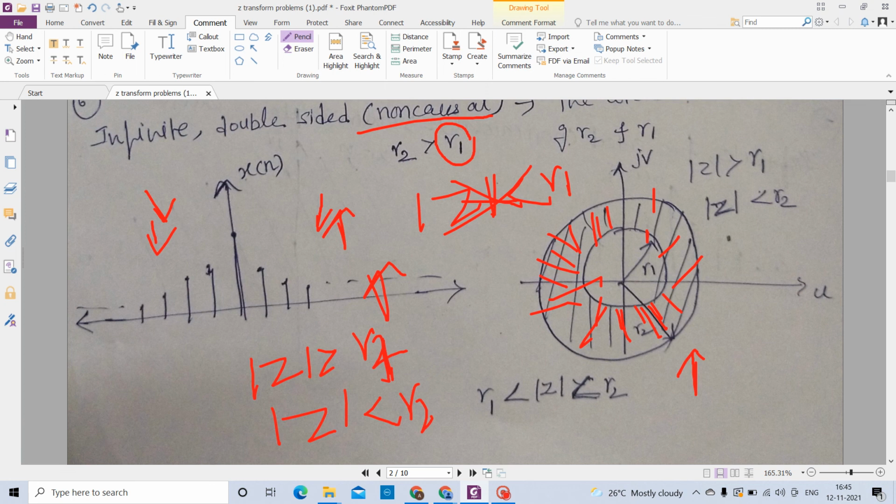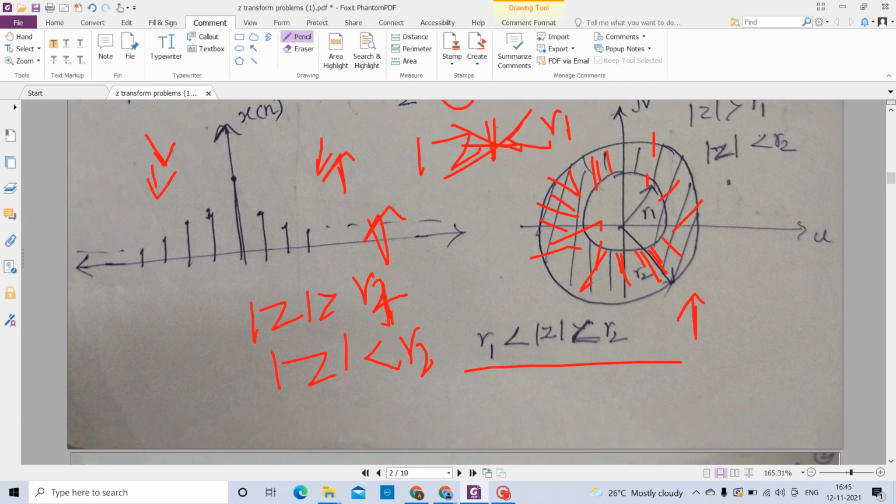This is the condition: r1 is less than the magnitude of z, or we can also say the magnitude of z is greater than r1, and the magnitude of z is less than r2. In such a condition, the region of convergence lies between the radius r1 and r2.